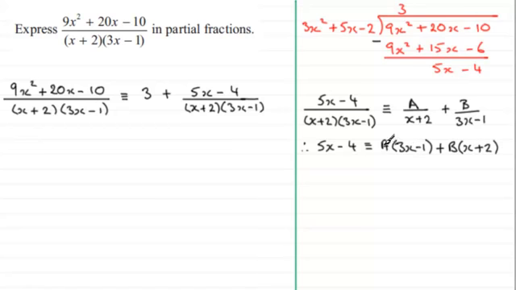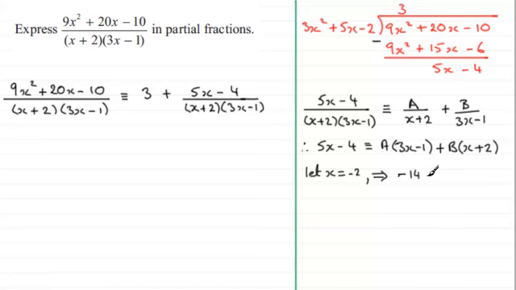Right, now we've got to work out what a and b are. And the usual way is to make each of these factors equal to 0 by taking a suitable value of x. I'm going to make this factor here, x plus 2, 0, by choosing x to be equal to minus 2. So if we let x equal minus 2, then if we substitute into here, we've got 5 times minus 2, which is minus 10, minus another 4 is minus 14.